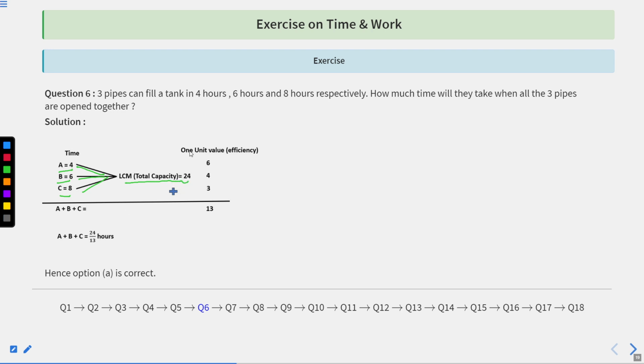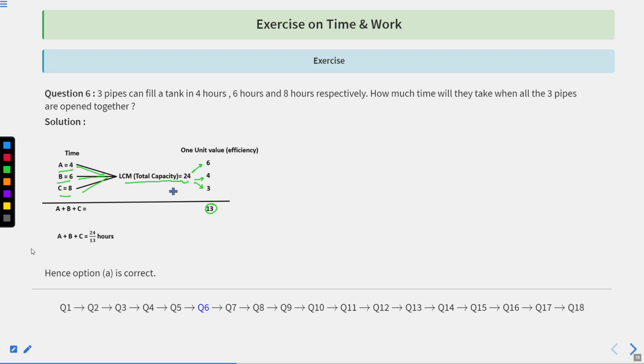Okay. And now we have to see the efficiency at which A fills the water in the tank. So 24 divided by 4, that is 6. 24 divided by 6, that is 4. 24 divided by 8, that is 3. So when all of these three, A, B, C, work together, they fill 13 units of water in a single hour.